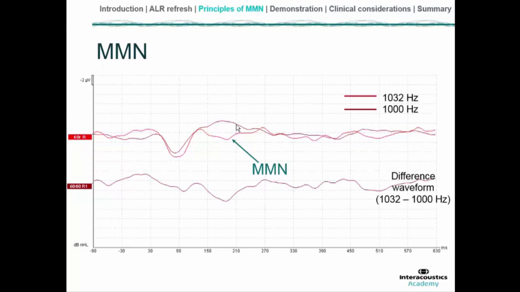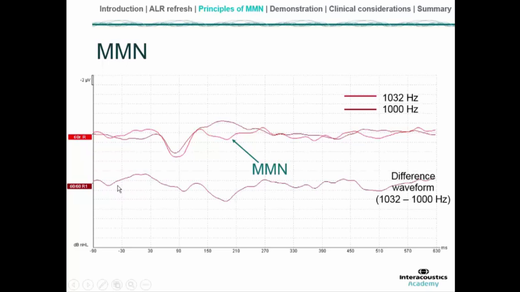It's the indication that the individual has heard a difference in the frequency of the two sounds. So the two stimuli have been registered as acoustically different to one another, and they've been discriminated in that sense.